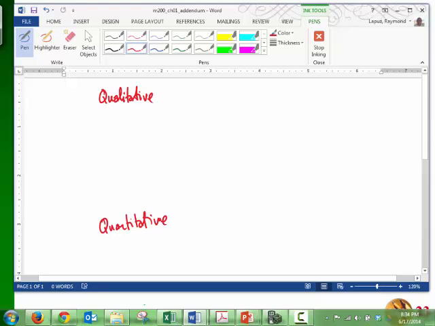So these lines would be kind of, well, there's a distinct difference between a qualitative and a quantitative type of data. And if we're talking about quantitative data, remember we broke that down even further into discrete and continuous.